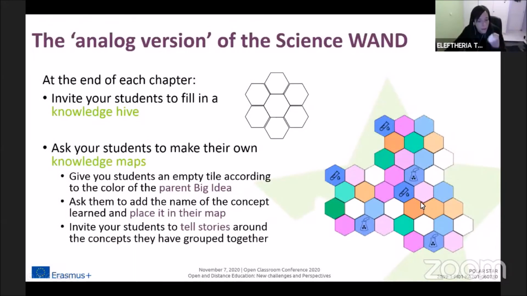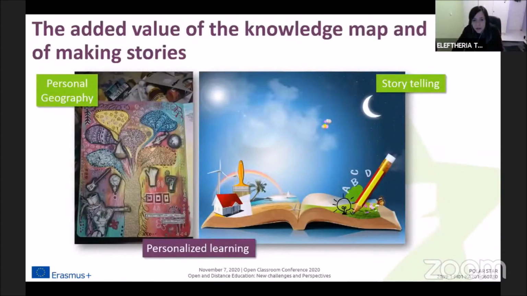By placing them together, you see a shape like that. If you have the names here, they can actually start building stories that are built based on the connections that the students learn about. So a map would look like something like that.